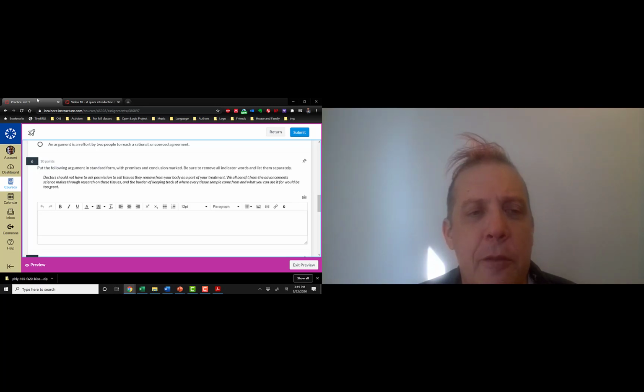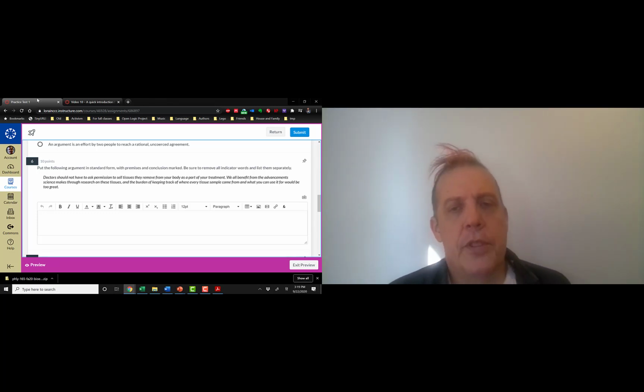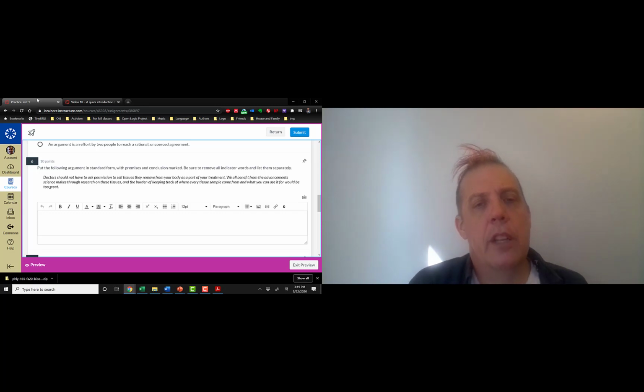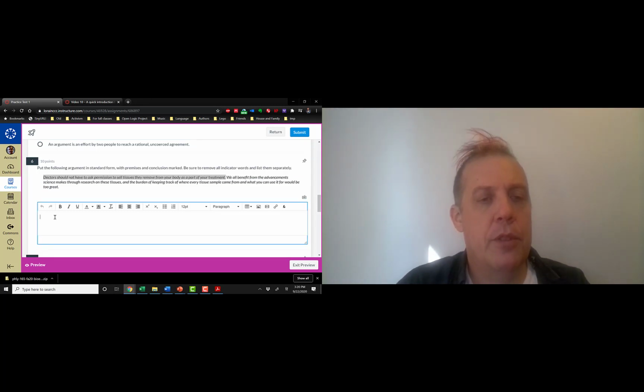We all benefit from the advancement that science makes through research on these tissues, and the burden of keeping track of where tissue samples come from and where you can use it would be far too great. So there aren't any indicator words in this passage, but it sure looks like this first statement is meant to be a conclusion, and the other two statements are meant to be premises.